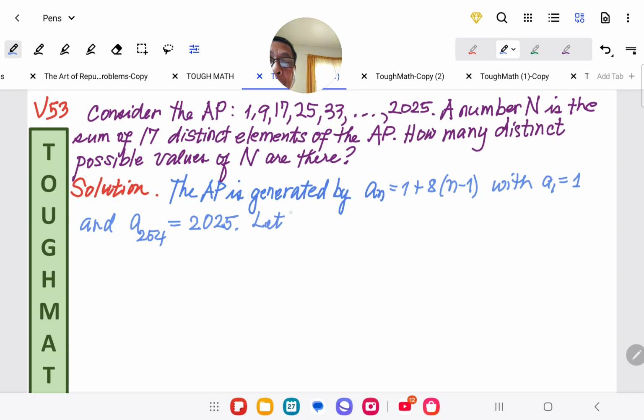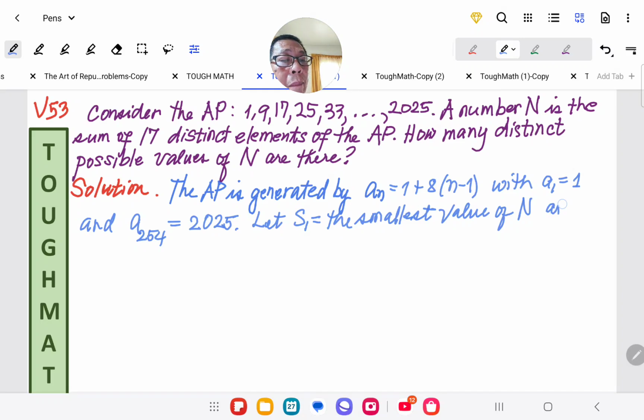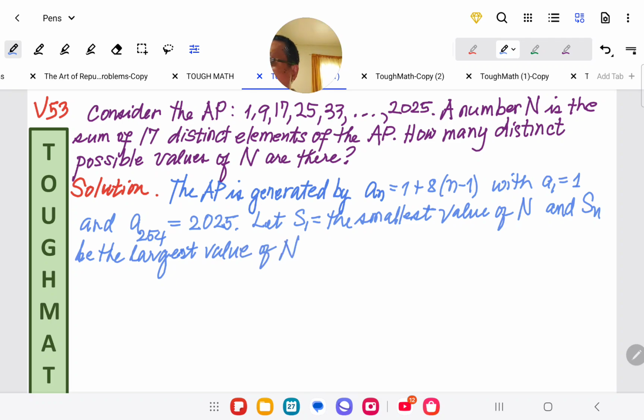Let S1 be the smallest value of n, and S sub n be the largest value of n.